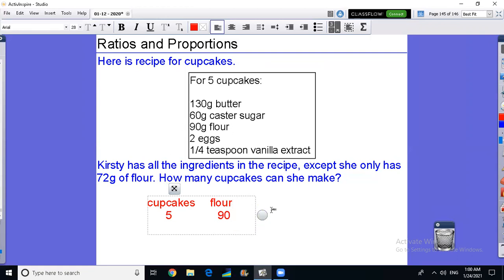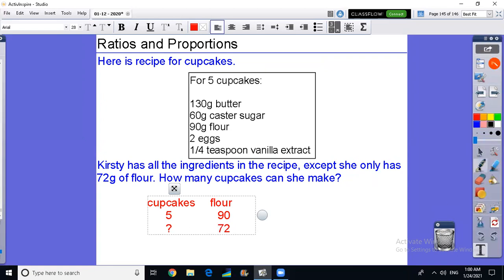Okay, and the question here, they're telling you how many cupcakes. All right, see this, guys? How many cupcakes? So here is the question mark. If she has only 72 grams of flour, how many cupcakes can she make?